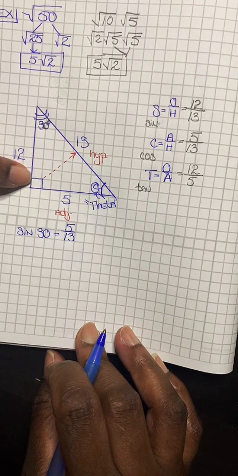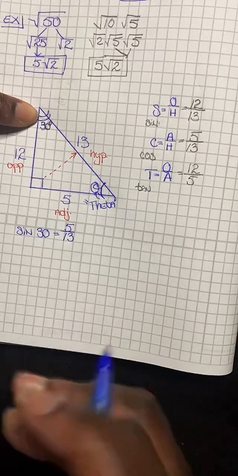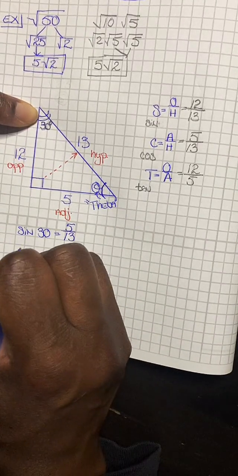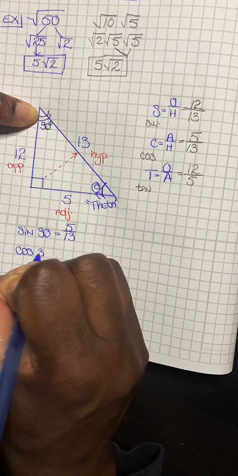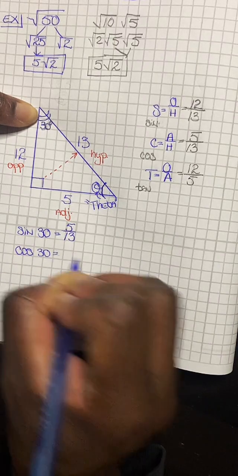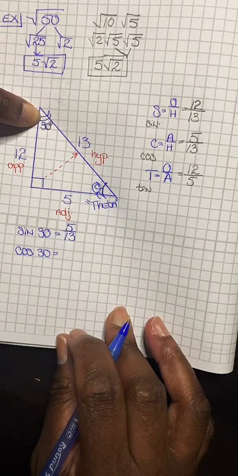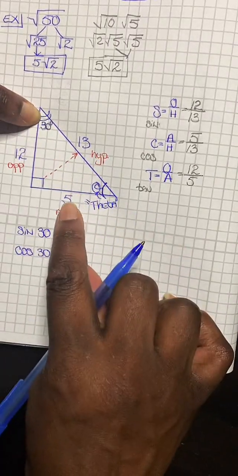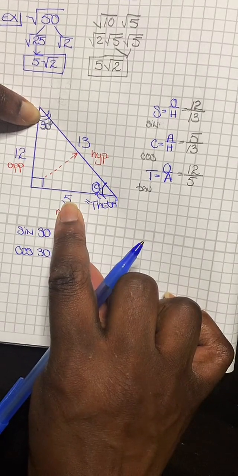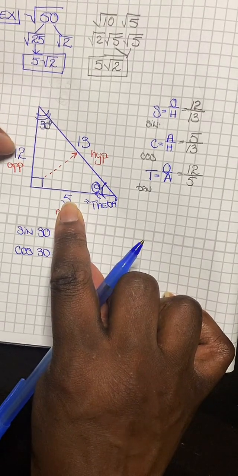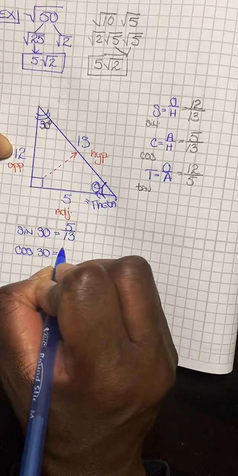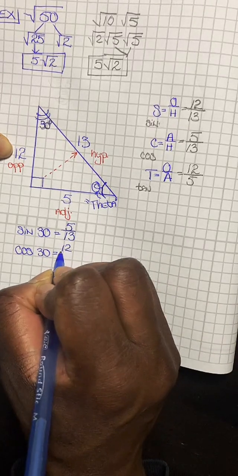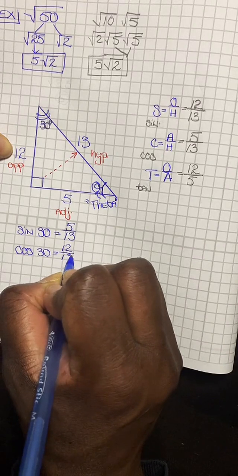All right. So now if we do the cosine of 30 degrees, cosine is going to be adjacent. So if this is opposite for 30 degrees, that means the other leg is going to be adjacent, which is my 12 over 13.